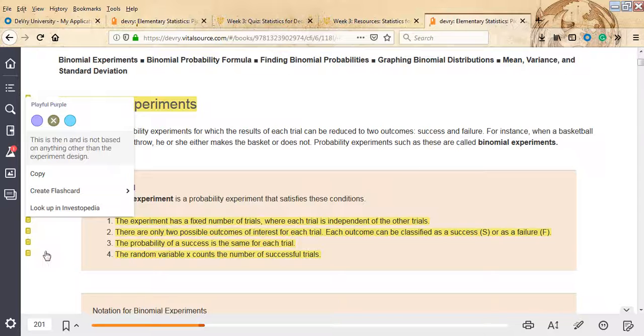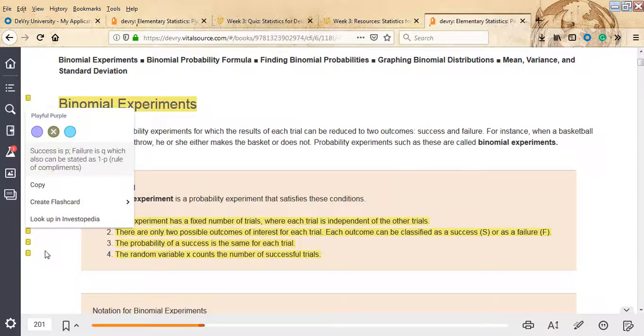The next one says there are only two possible outcomes. That's the bi of the binomial. There are two possible outcomes of interest in each trial. Each outcome is typically classified as a success or a failure, and don't think of that as positive or negative. It just means a yes or a no. Success is P, and failure is Q, which can also be stated as 1 minus P. Think about it: you have a 100% probability of all possible outcomes.